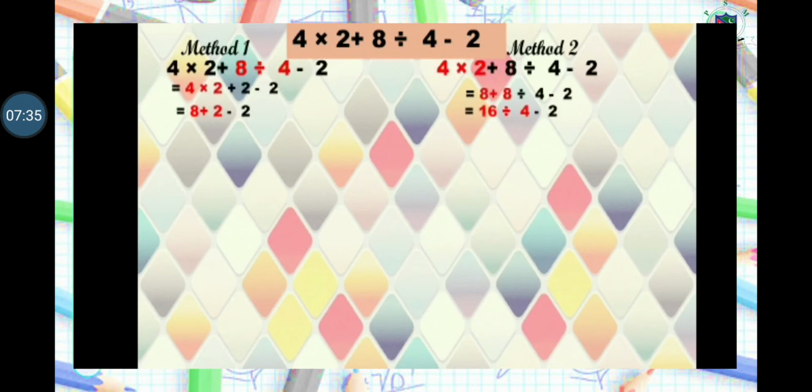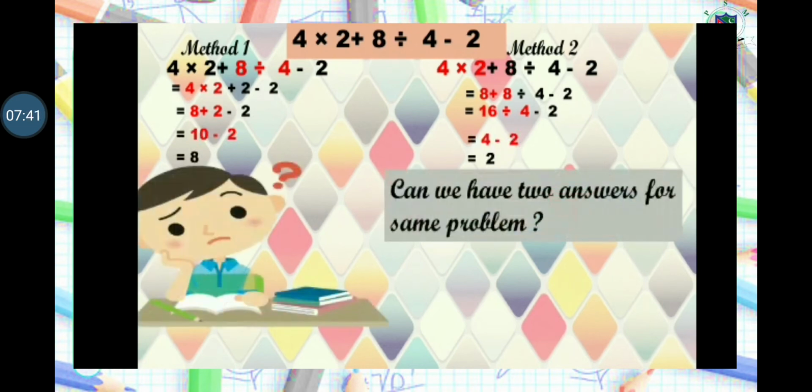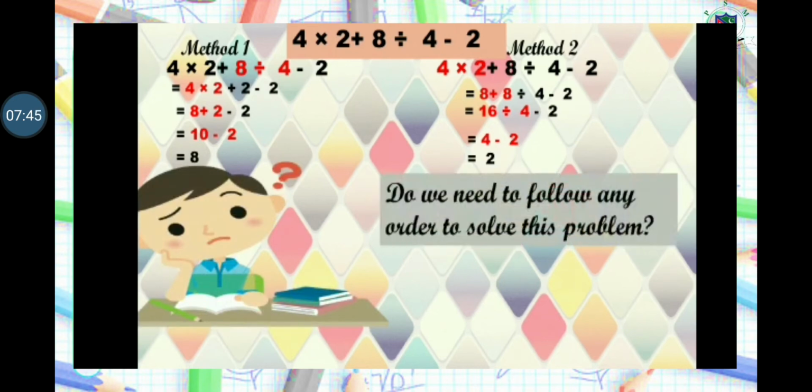And when this question is given to the students, it's observed it has two methods like this. So again the question comes in our mind that do we need to follow any order to solve this problem?